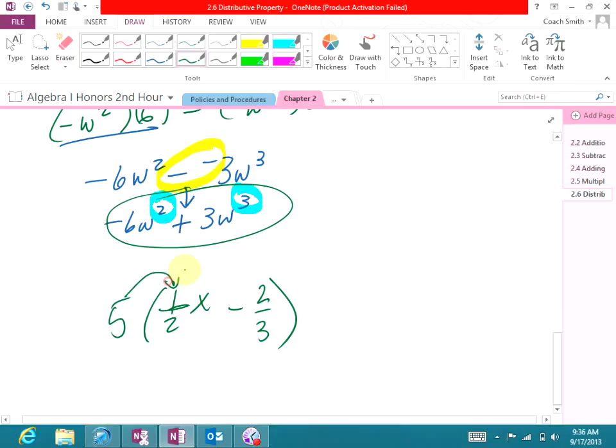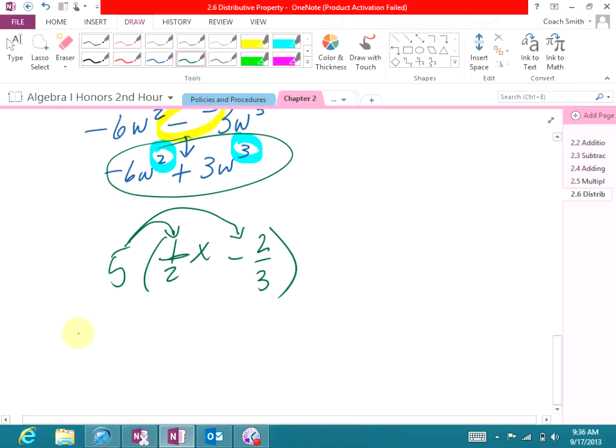So the very first step, keep working on it. The very first step is to take the 5 and distribute it to each thing in the parentheses, which means I have 5 times 1/2 x minus 5 times 2/3.